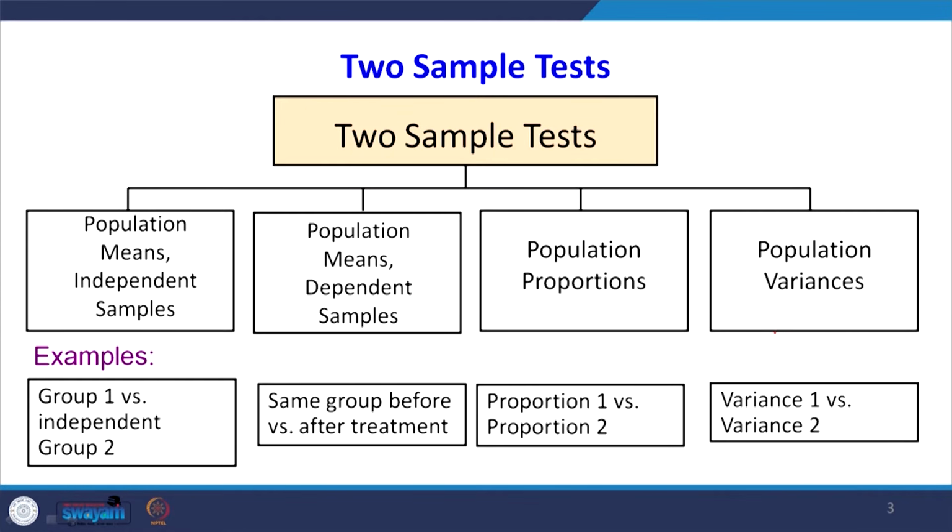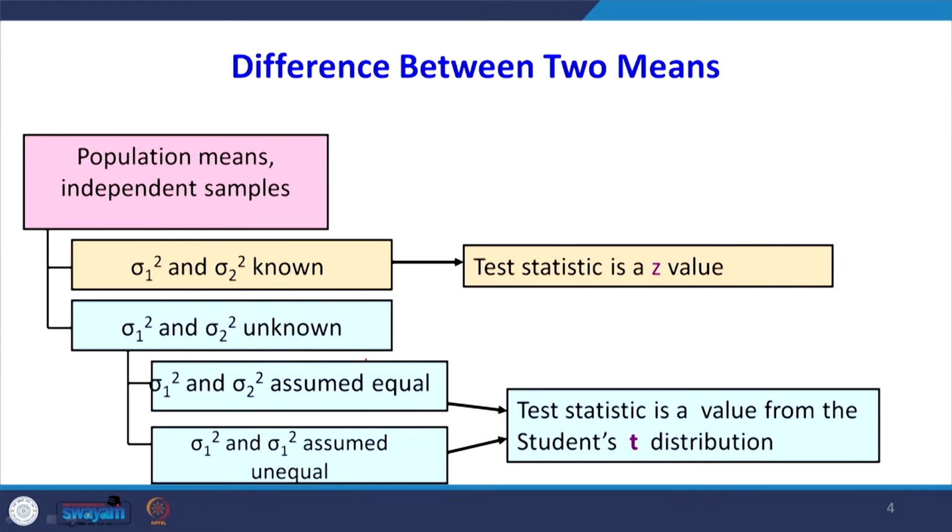In population means for dependent samples, it is the same group before and after the treatment. So these are dependent samples. In population proportions, we take proportion 1 from population 1 and proportion 2 from population 2. Similarly, for comparing variances, we compare the variance of population 1 versus the variance of population 2.